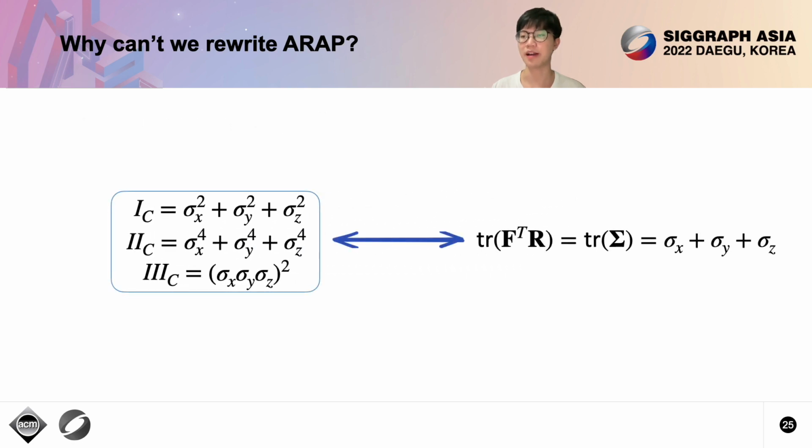And also apply SVD to the problematic trace term. The problem now becomes very clear. We are trying to use some nonlinear invariants to rewrite a linear trace term, which is previously thought impossible. But how can we overcome this problem to rewrite the ARAP?